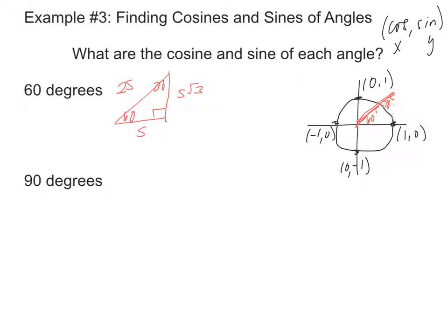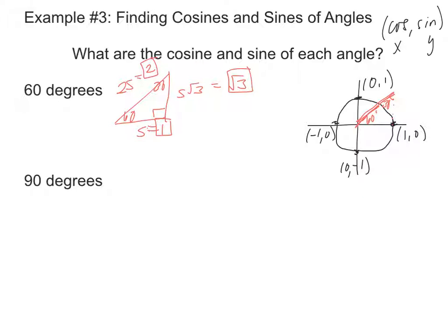Now understand, side itself is just going to be considered 1. Side square root of 3 is going to be considered just the square root of 3. Let me box these in so we don't get confused. And double side is just going to be 2 times 1, which is just 2.